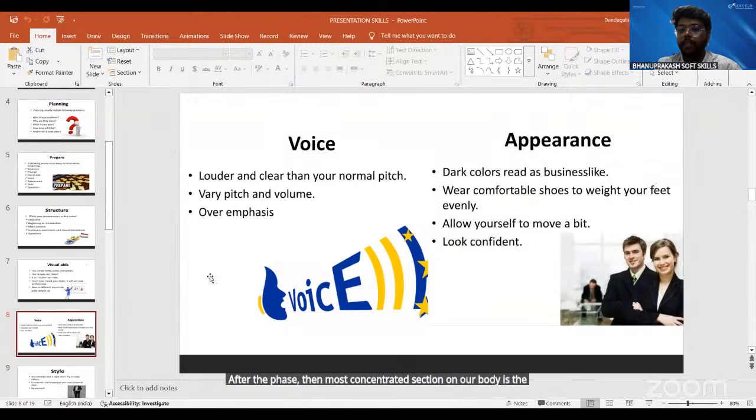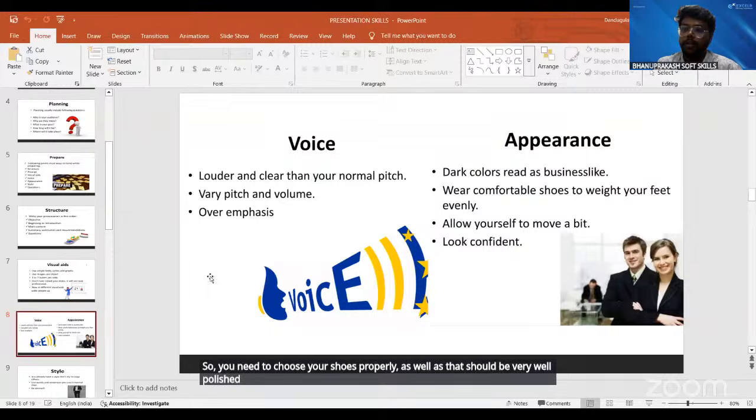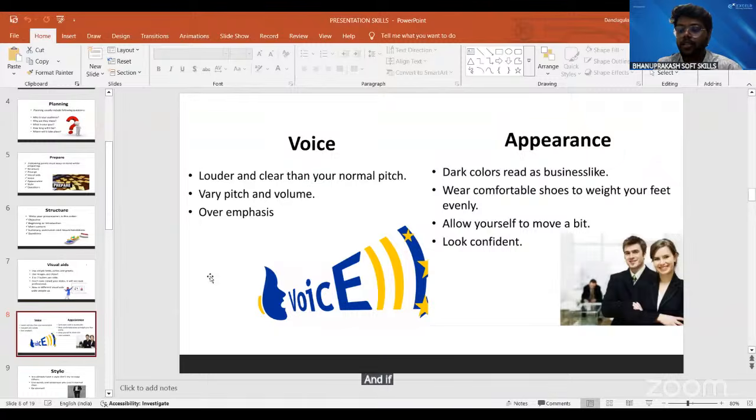So you need to choose your shoes properly, and they should be very well polished. And if you are choosing a laced shoe, make sure it is tied properly, and allow yourself to move a bit. So you should not stand like a robot at one particular place.